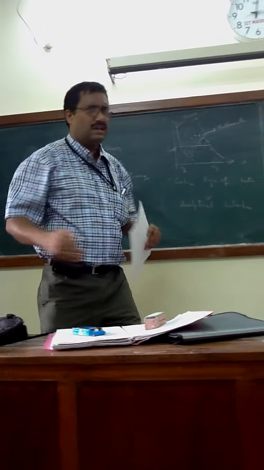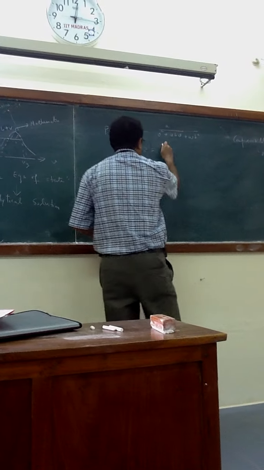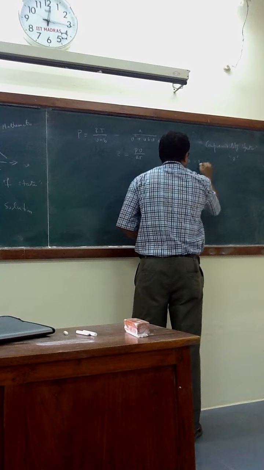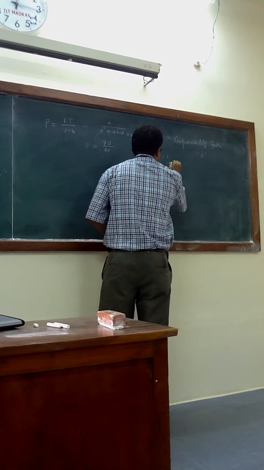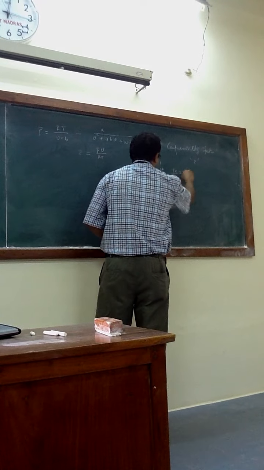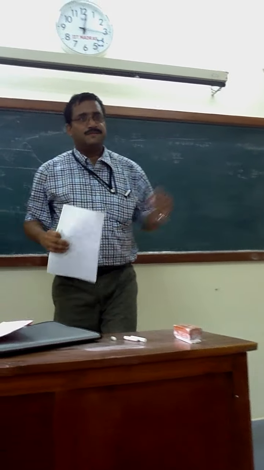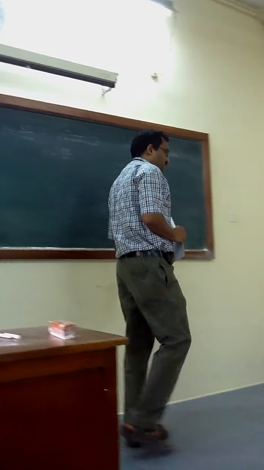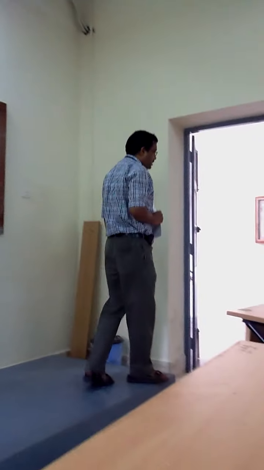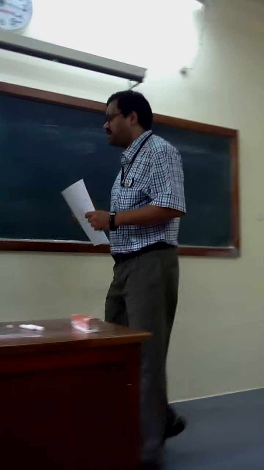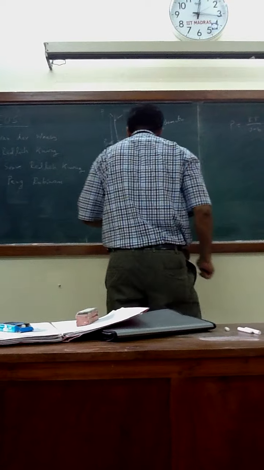Z equals PV by RT, and Z equals 1 for the ideal case, right? People say Z equals 1, that means limit P tending to 0, PV by RT equals 1. This V is the molar volume. So quite often people talk in terms of compressibility factor. Compressibility factor 1 is for the ideal gas, other cases are other things. It comes in later details of the compressibility factor.